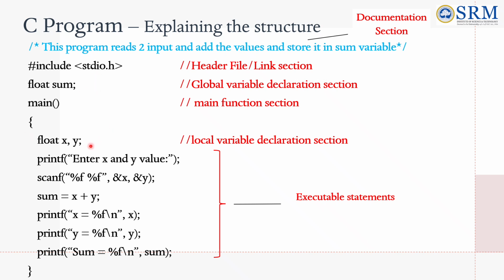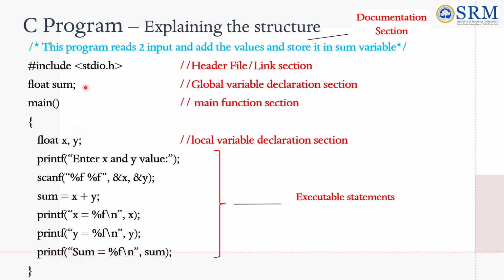When variables are declared inside the main function, they are called local variables and the declaration is called local declaration. Here only x and y act as local variables as they are declared inside the main function. Local variables are known only to that function.